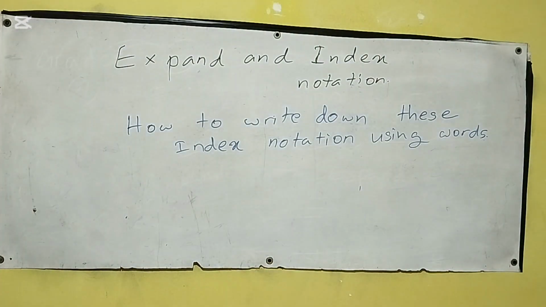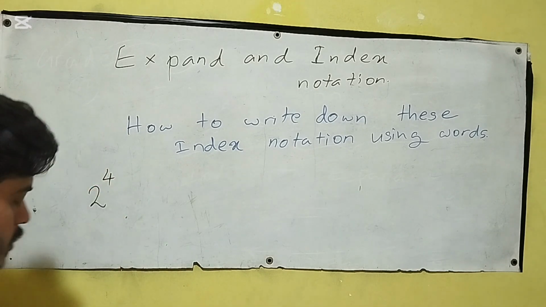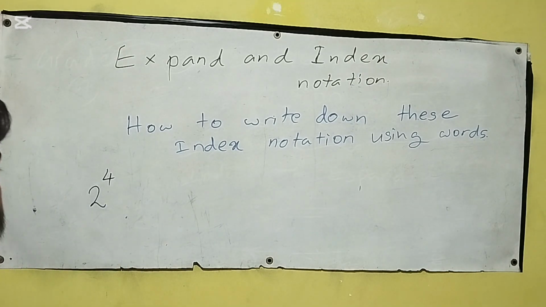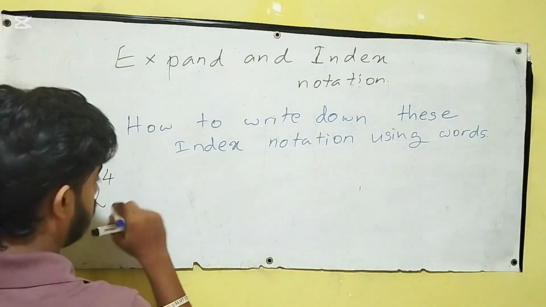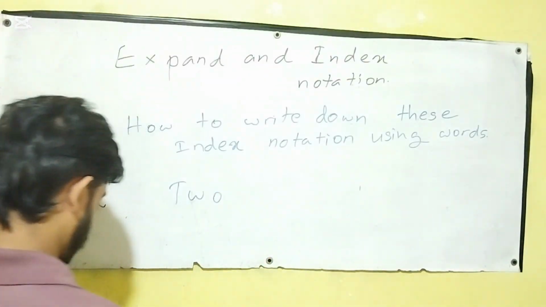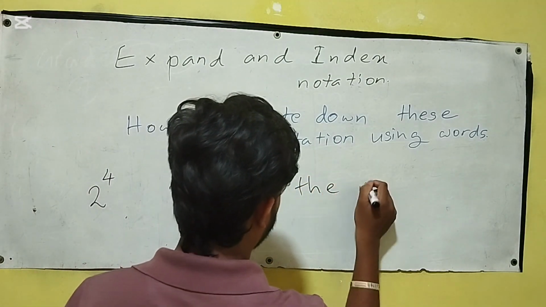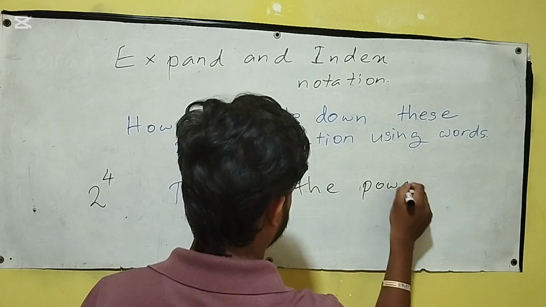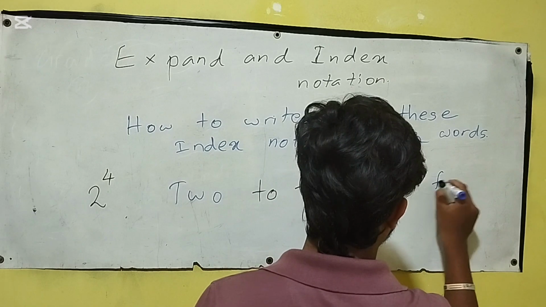Have you understood? Think 2 to the power 4. Just think 2 to the power 4. How to write it down? 2 to the power 4. What is the power value? 4.